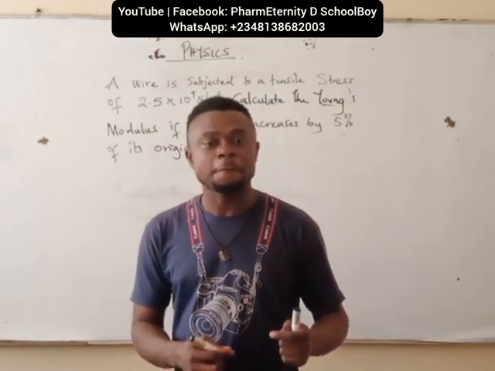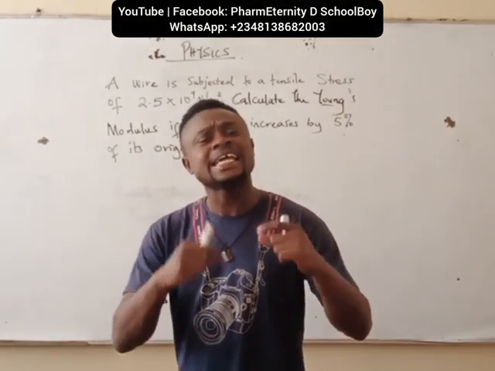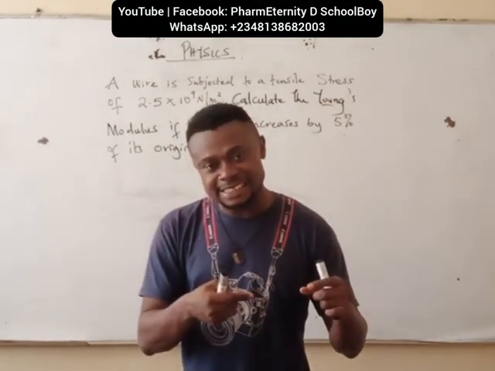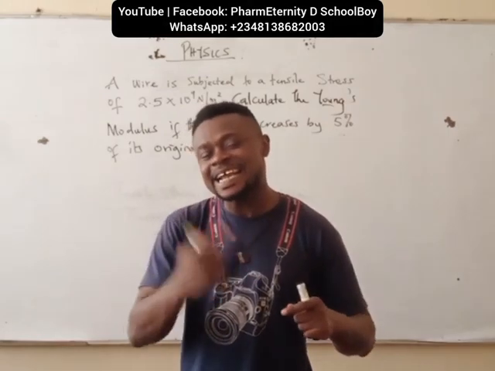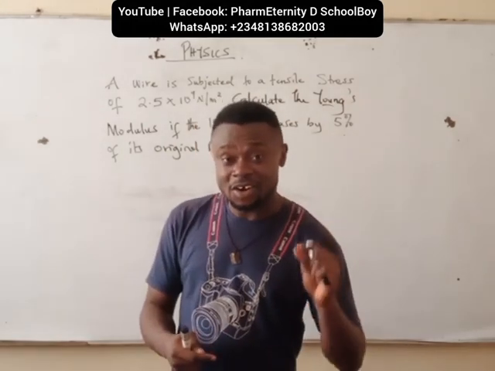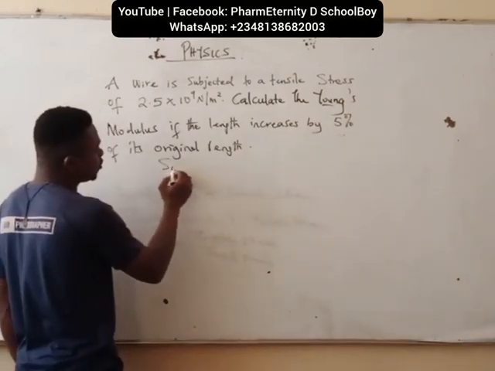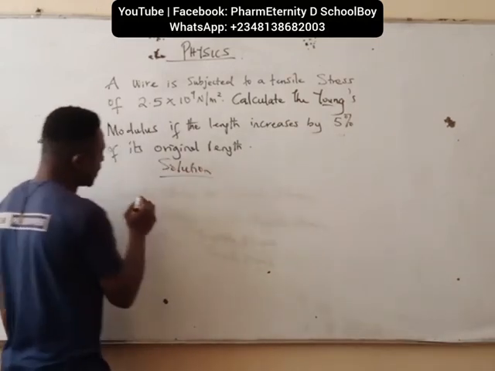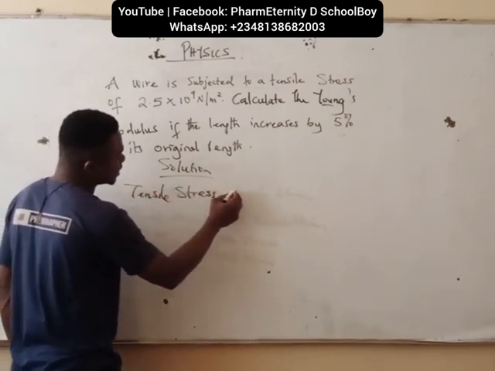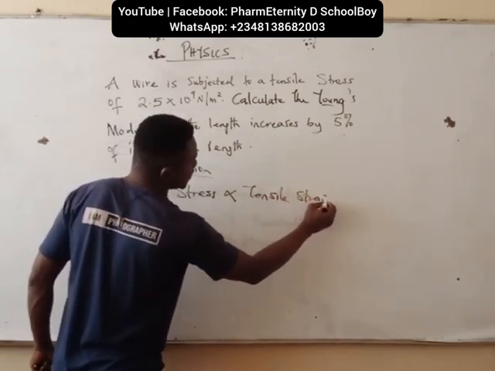Now, according to Hooke's law, provided that the elastic limit has not been exceeded, this tensile stress is directly proportional to the tensile strain on the material. So we now have this relationship: tensile stress is directly proportional to tensile strain.